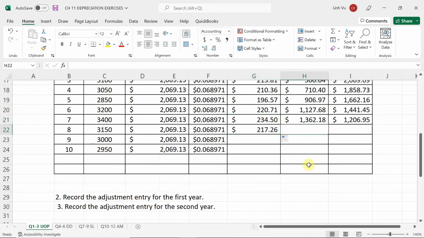Good. Am I accumulated? $1,579.44. Good. Bringing my book value to be $989.69.